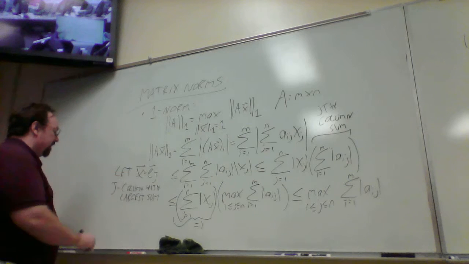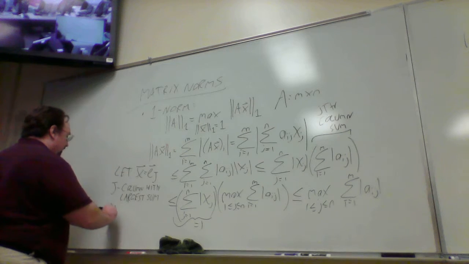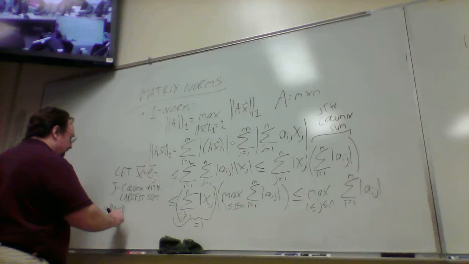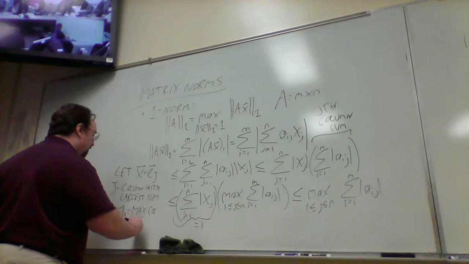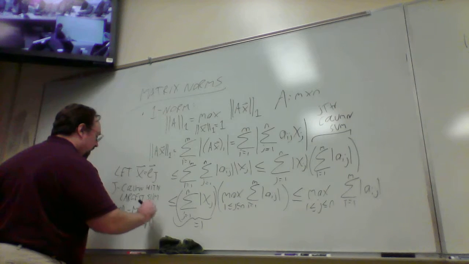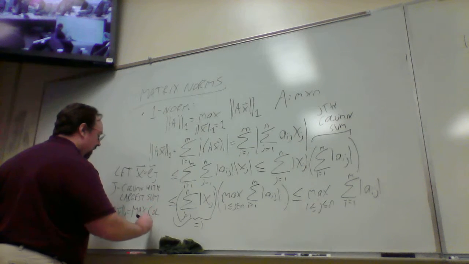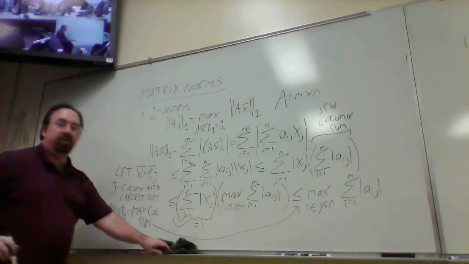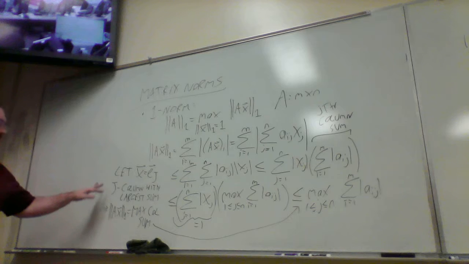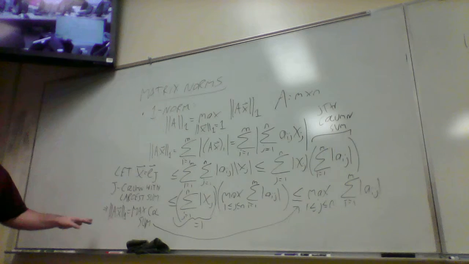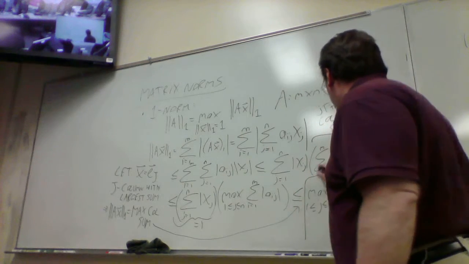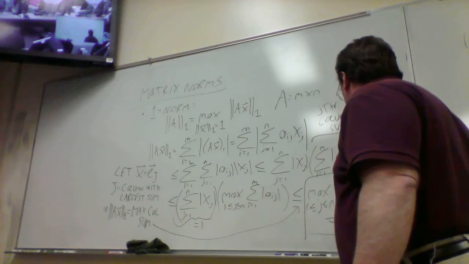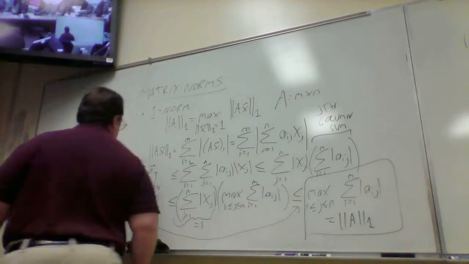So if that happens, then the 1 norm of AX turns out to be equal to the maximum column sum that I have over here. Okay, so there is an X that gives us equality. So in fact, this right here is the matrix 1 norm of A.